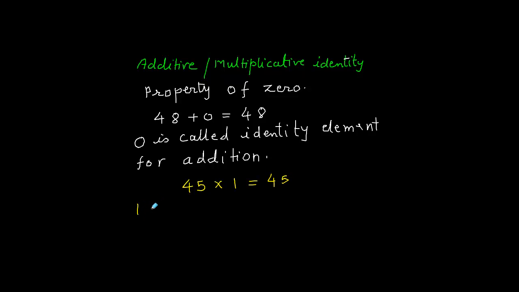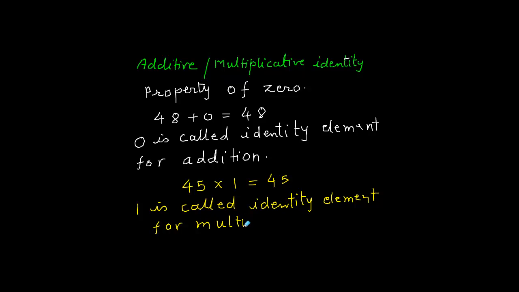So 1 is called identity element for multiplication.